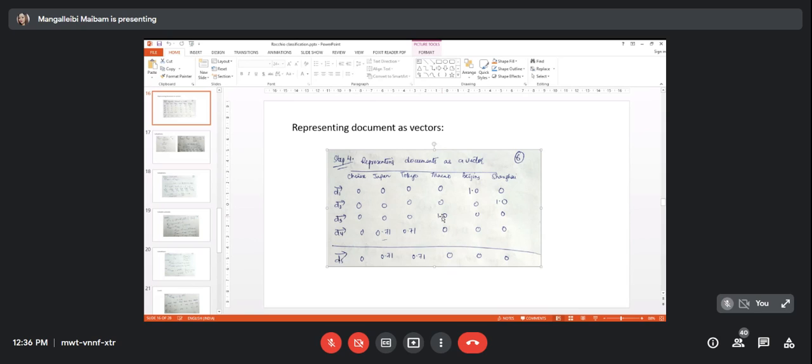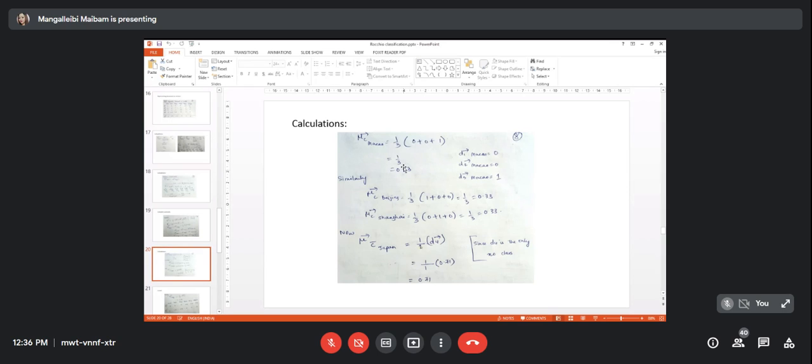So 1 by 3 whole of 0 plus 0 plus 1. That is what is written here, and so we get this value.